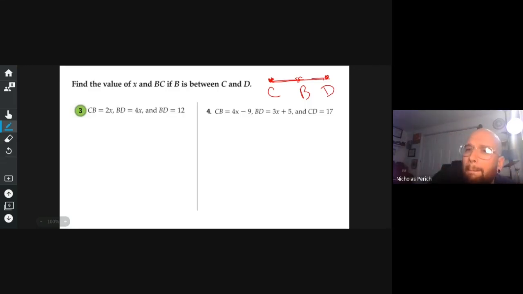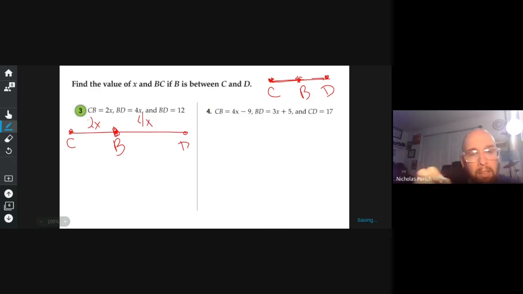Okay, I have a picture. There's C, there's D. B is somewhere in the middle. It doesn't really matter because we're not worried about accuracy. CB is 2x. BD is 4x.